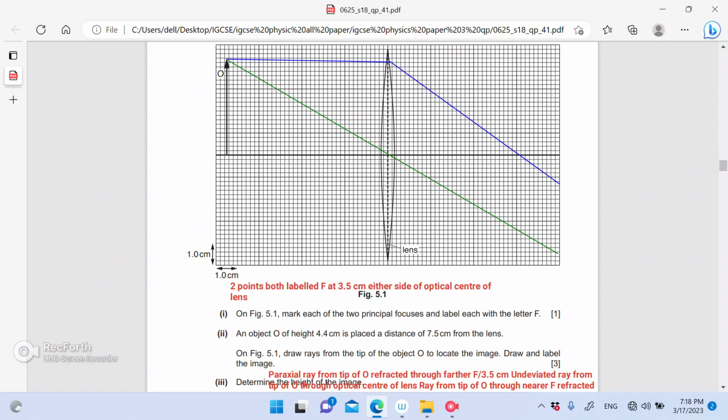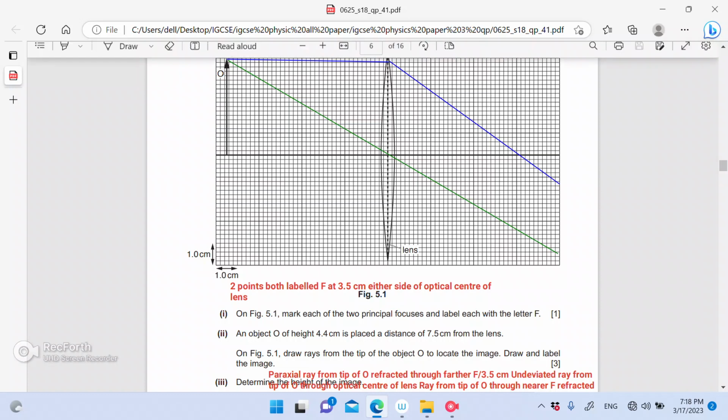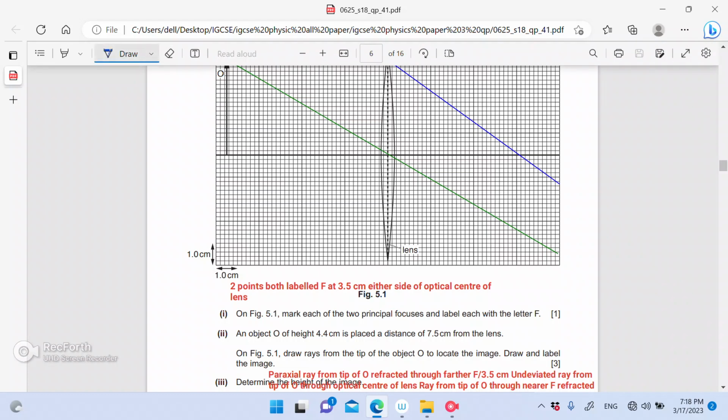so mark each of two principal focuses and label with the label F. So you know principal focus, you have to mark one on this side and one on this side.